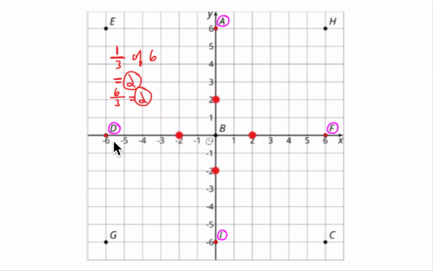So if each of these lengths go out 6 units, so this is 6 units this way, 6 units in the negative direction along the x-axis. Well, what's 1/3 of 6? 1/3 of 6 is 2. 6 divided by 3 is equal to 2, or 6/3 is equal to 2. So then you place the point. Now it has to be in a straight line from the center of dilation to that point.